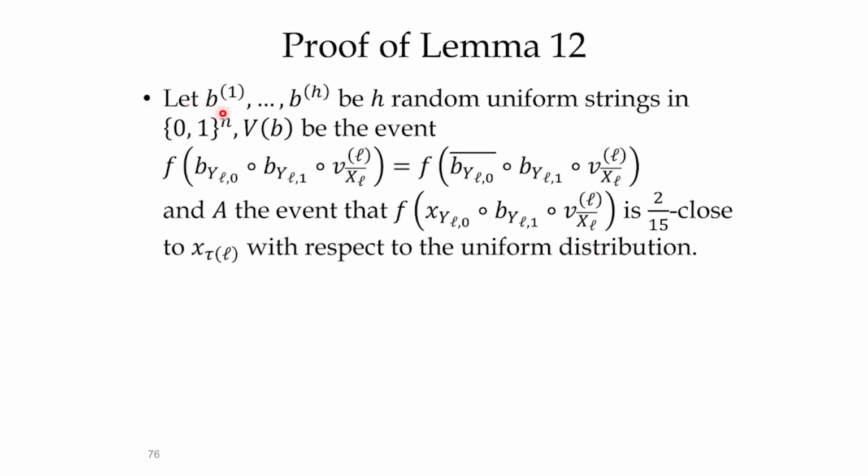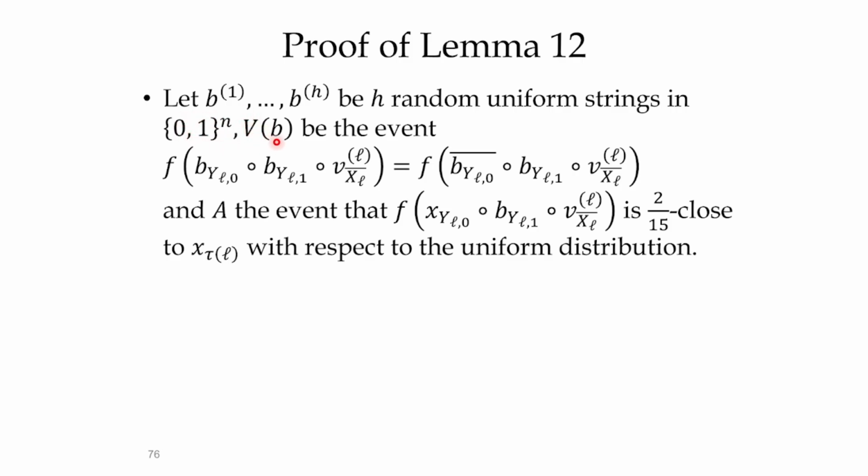Okay, so let B powered by 1 through B powered by H be H random uniform strings in all of the binary vectors with length n.